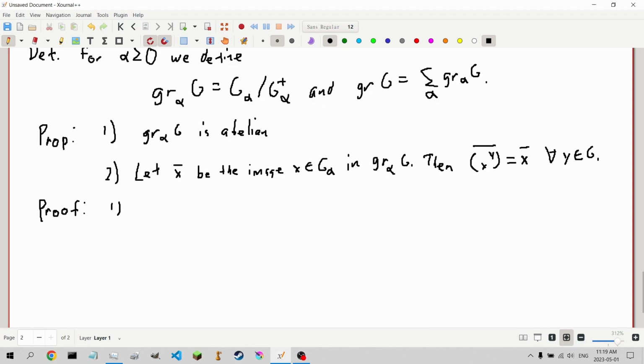So this one, they say, follows from this condition we had that omega of the commutator of x and y is at least omega x and omega y, and this should be their sum.